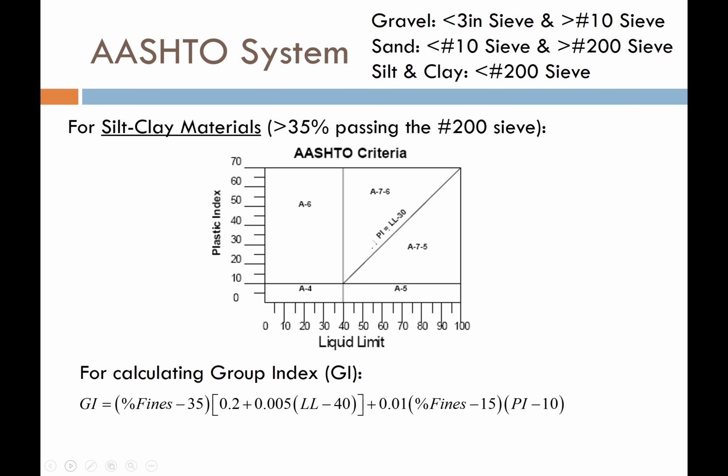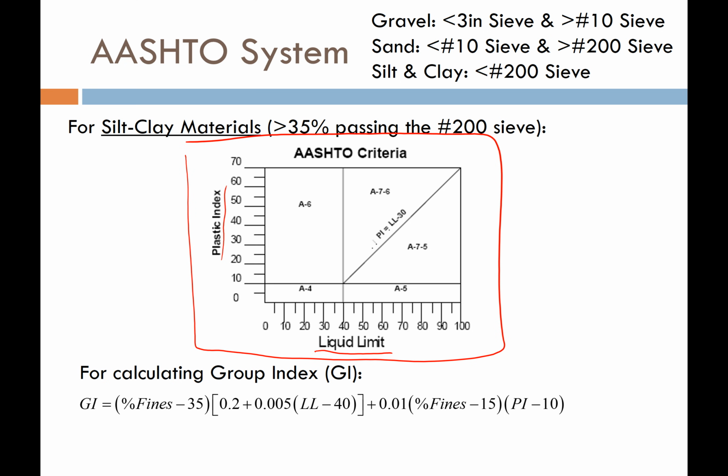If I have a soil that has more than 35% passing the 200 sieve, the best thing I can recommend is just use this AASHTO plasticity chart. It's super easy. Plot your soil, the plasticity index versus the liquid limit for your fine-grained soils, and this will be the classification.